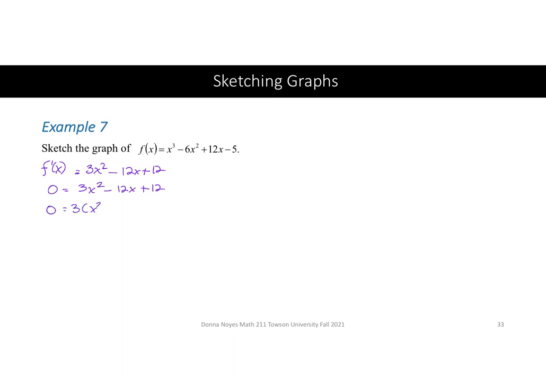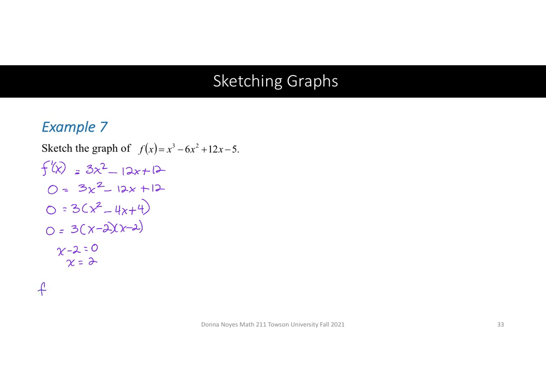So when we do, we get x squared minus 4x plus 4, which happens to be x minus 2 times x minus 2. So our only zeros here are going to be where x minus 2 equals 0 or where x equals 2. So our only possible extrema will come at x equals 2.